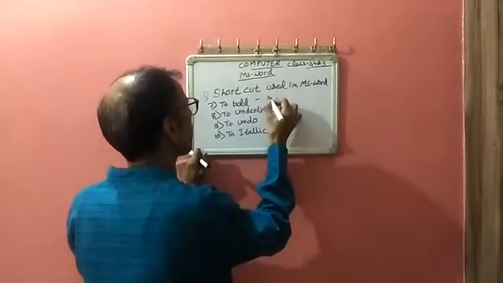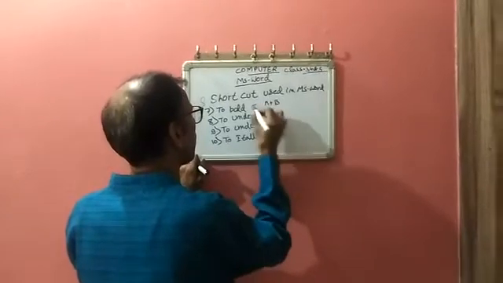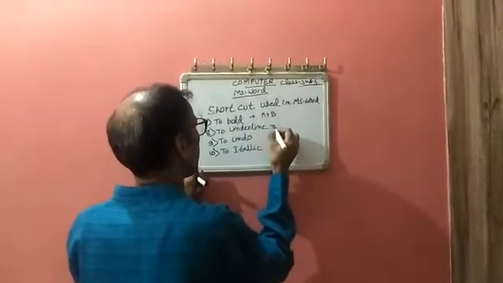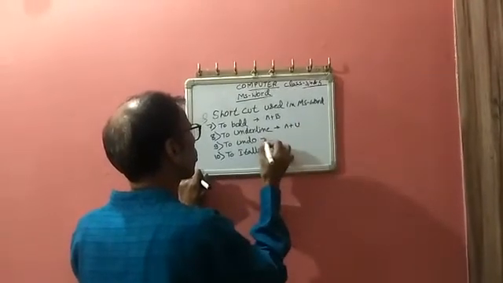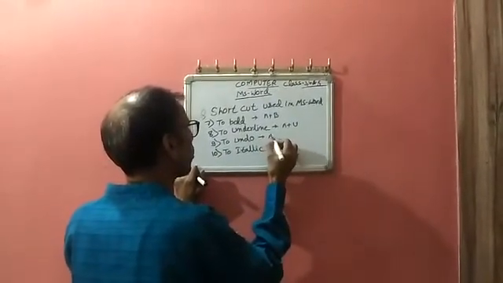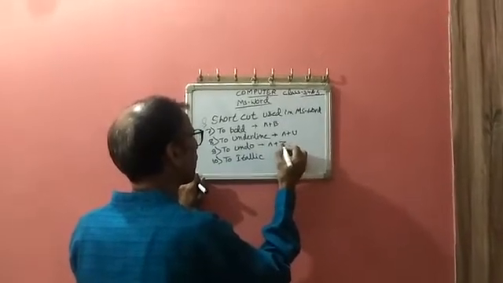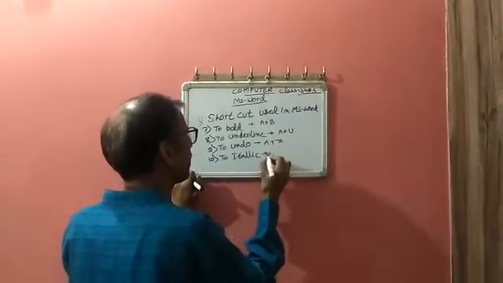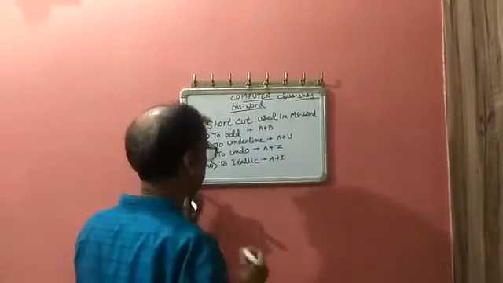To bold is Control plus B. To underline, Control plus U. To undo, which means to reverse our work, Control plus Z. And for italic, Control plus I.